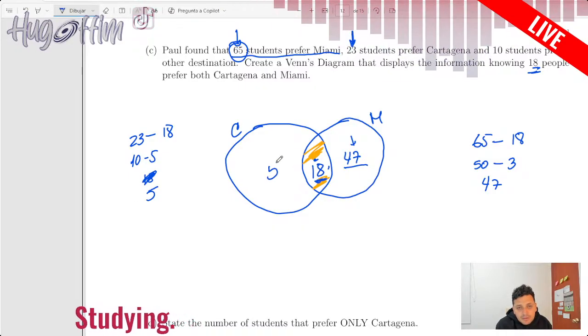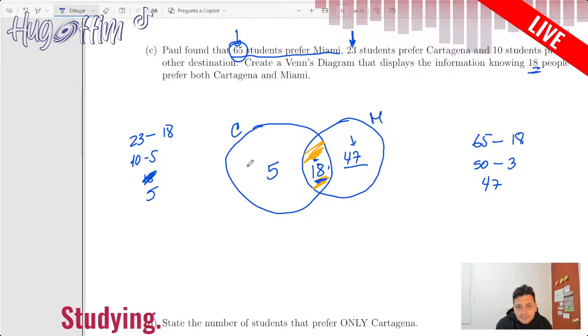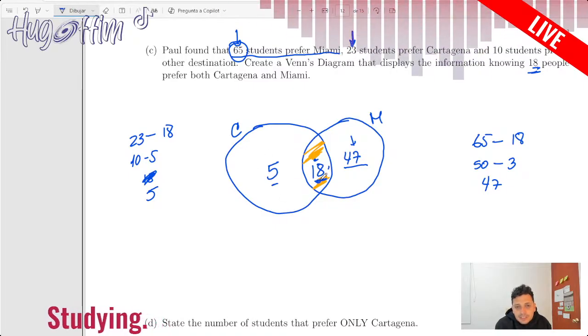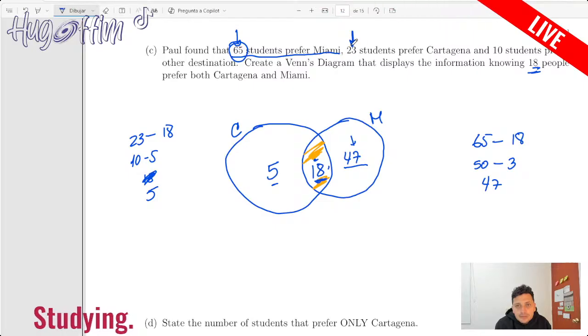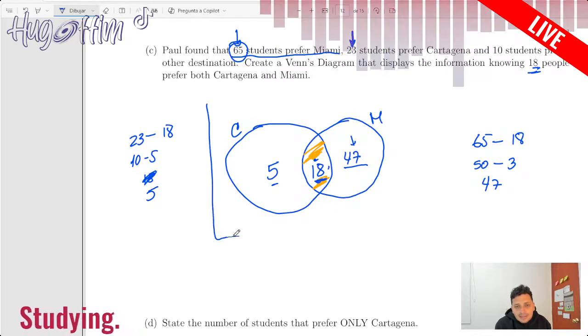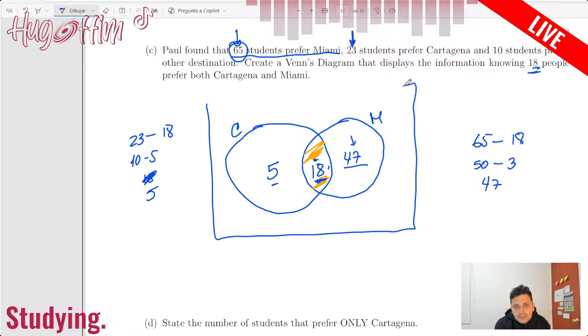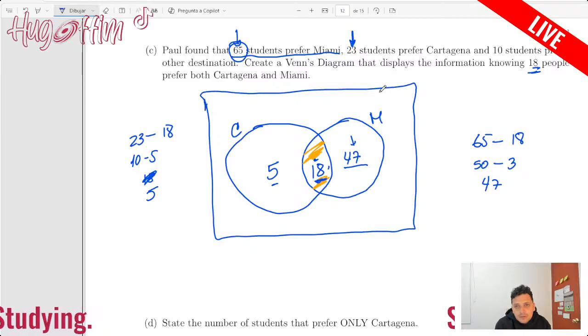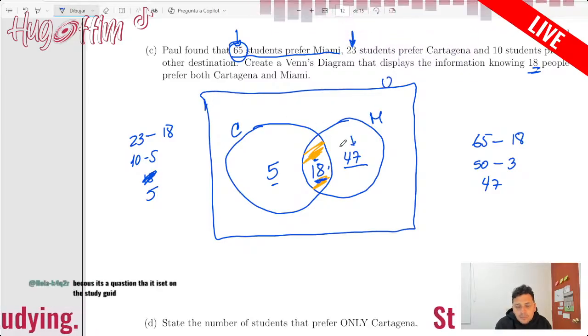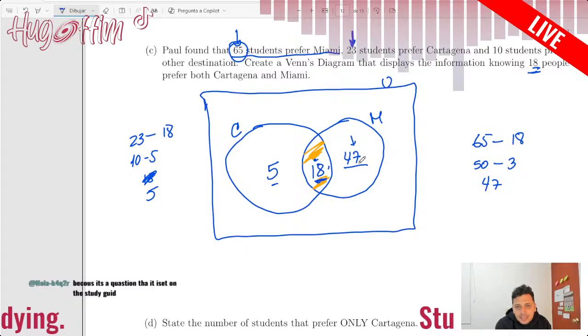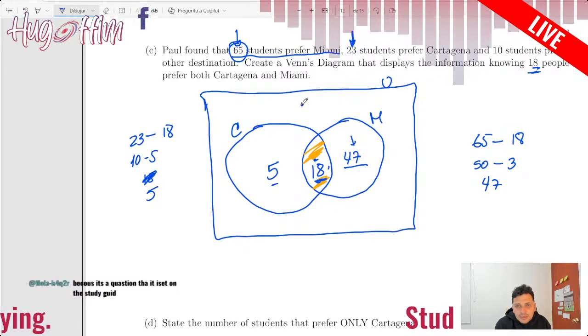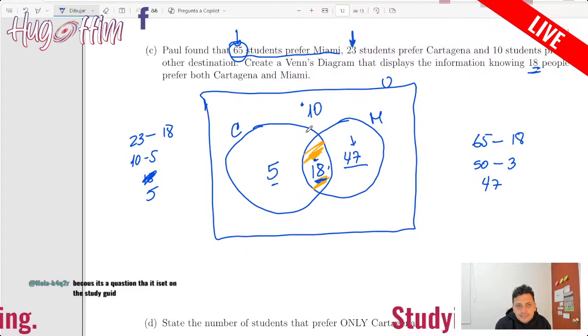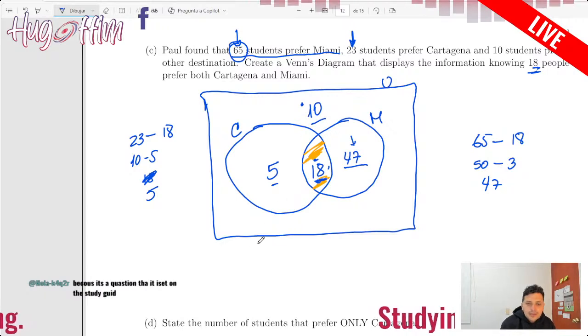So 5 students prefer only Cartagena. The addition of this and this gives me 23. And others, the people that are neither in Cartagena nor in Miami, are 10. Okay?